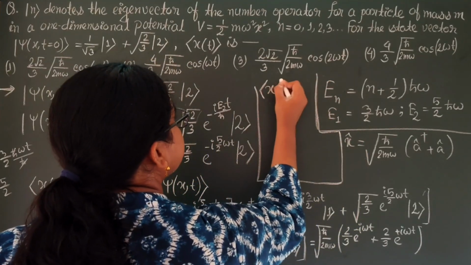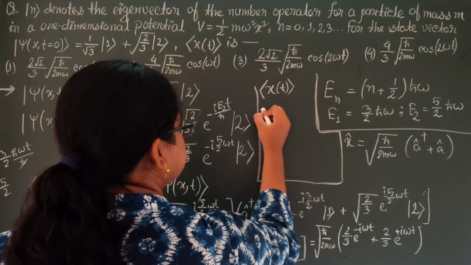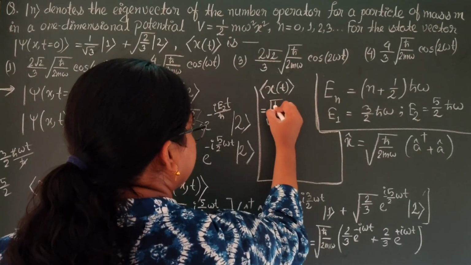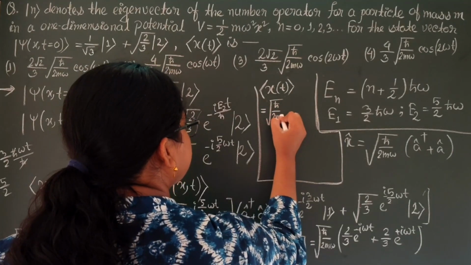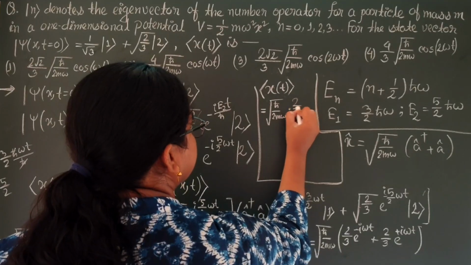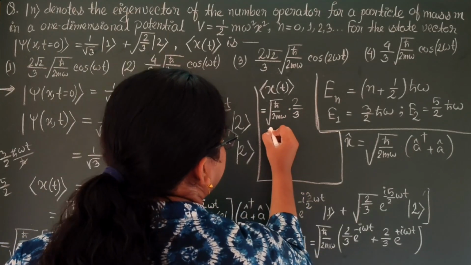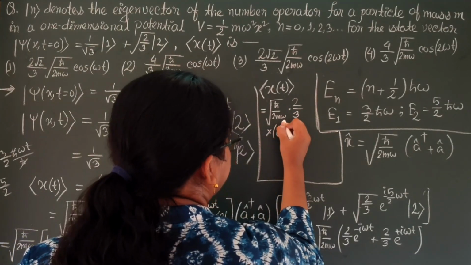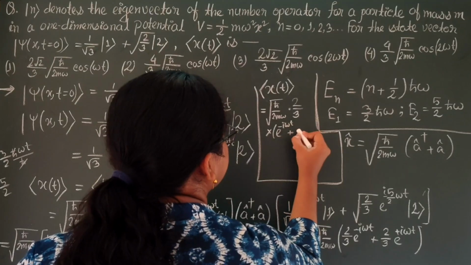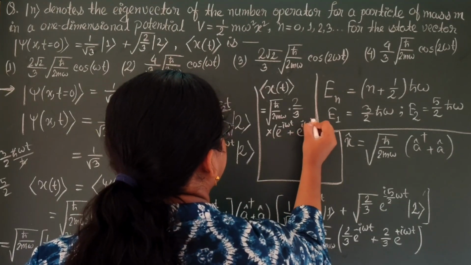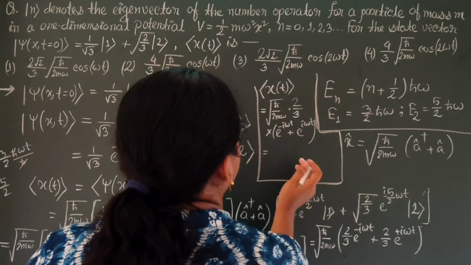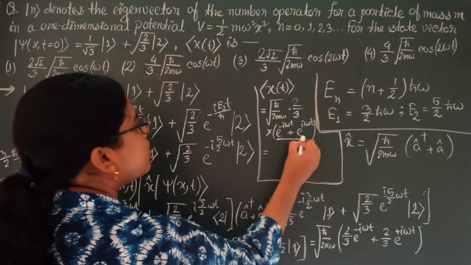So the expectation value of x(t) is root over h cut by 2m omega into 2 by 3 into (e to the power minus i omega t plus e to the power i omega t). Okay. So this is 2 cos omega t.